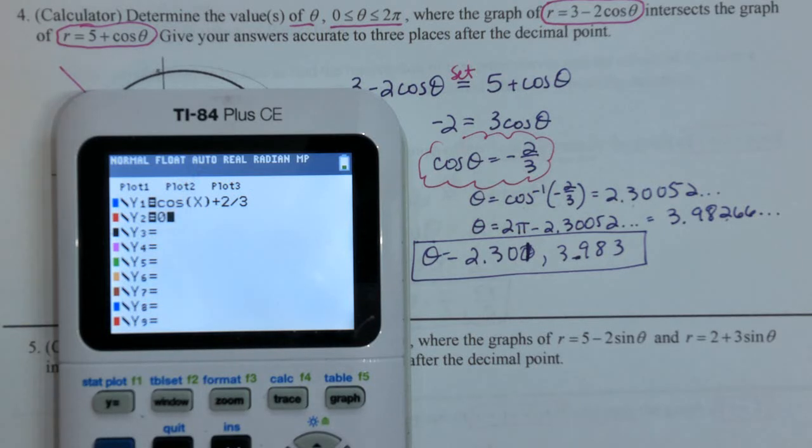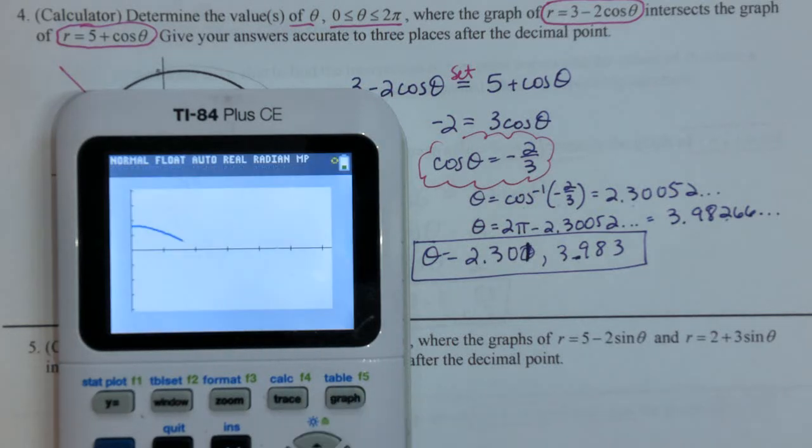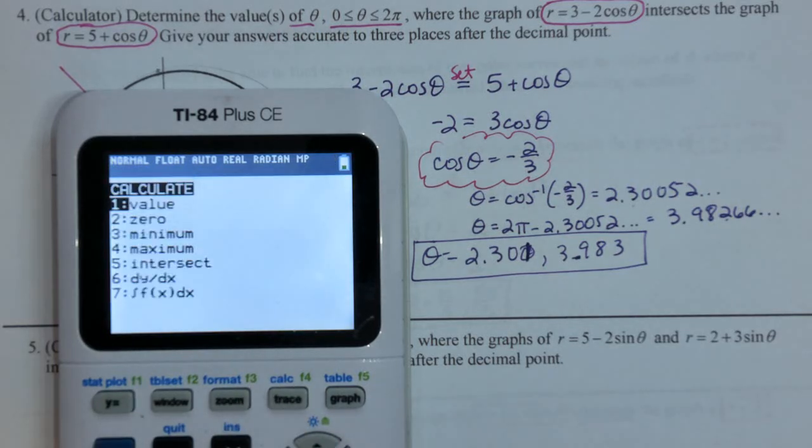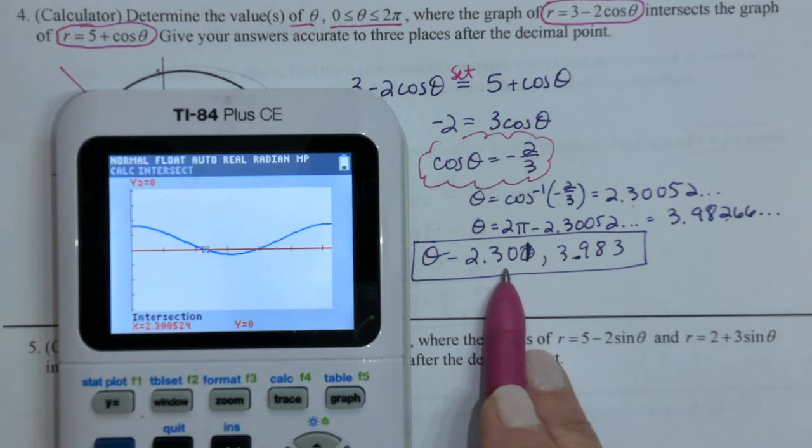So I'm graphing these and I'm going to see where these two intersect. I only want between 0 and 2 pi. Second Calc 5 for intersection. Enter, enter, enter. There's my 2.300.